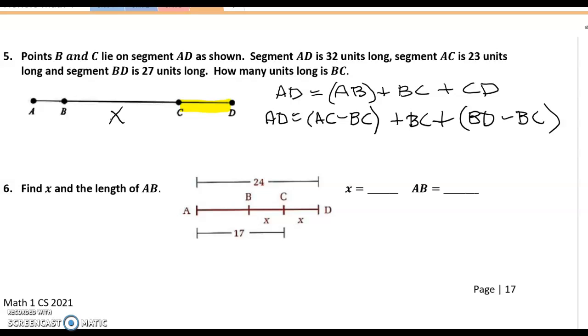So we have AD, which is 32, AC is 23, BC is x, BD we know is 27, and then BC has a length of x.